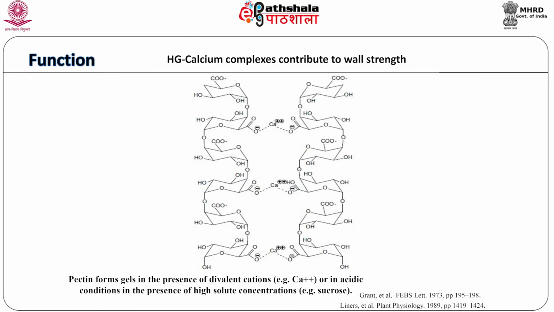Functions of pectins. Pectins form a gel in the presence of divalent cations, that is calcium ions, or in acidic conditions in the presence of high solute concentration, for example sucrose. The homogalacturonan calcium complex contributes to cell wall strength.